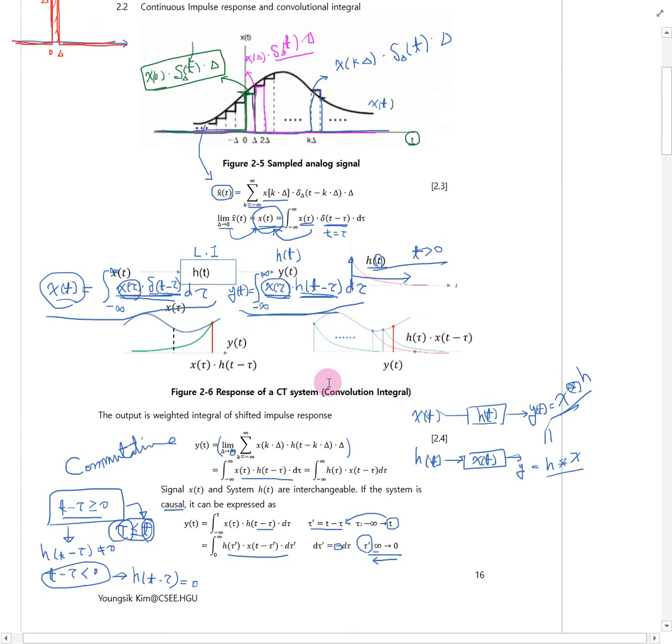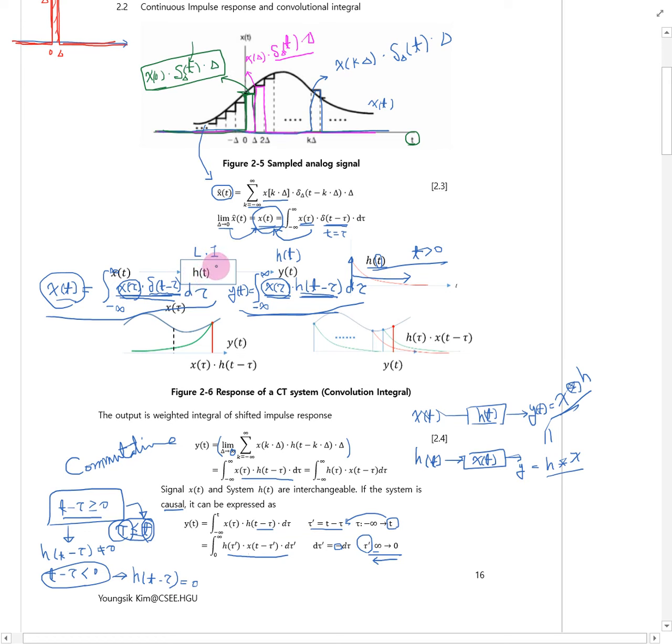To understand the convolution operation, you need to firstly understand decomposing the input as an impulse sequence. A scaled, shifted impulse sequence is the input signal. So the input signal can be decomposed into that impulse train. And we rely on the linear and time-invariant property of the system.